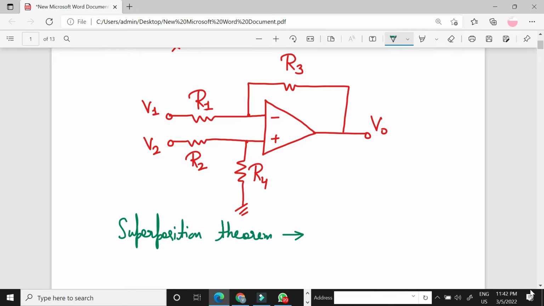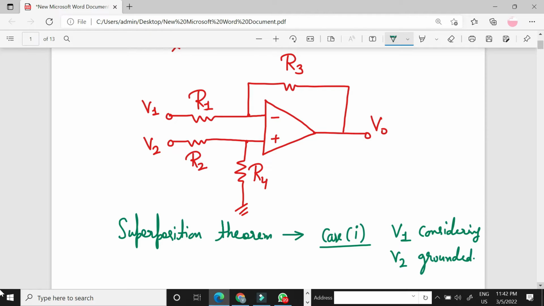So in case 1, I am considering voltage V1, and the second voltage V2 must be grounded.